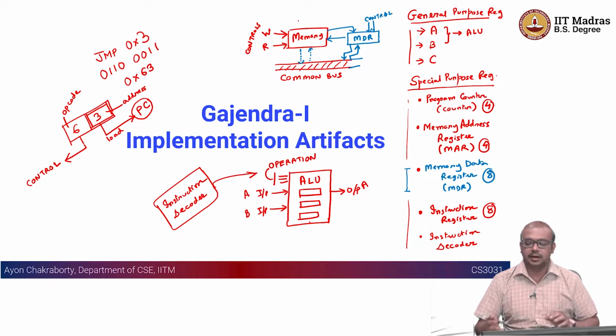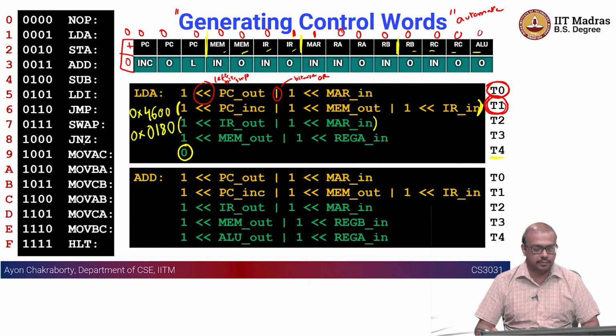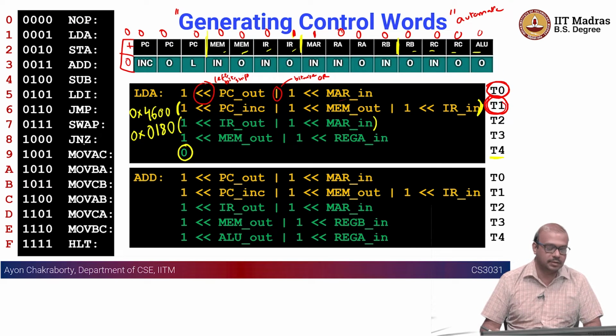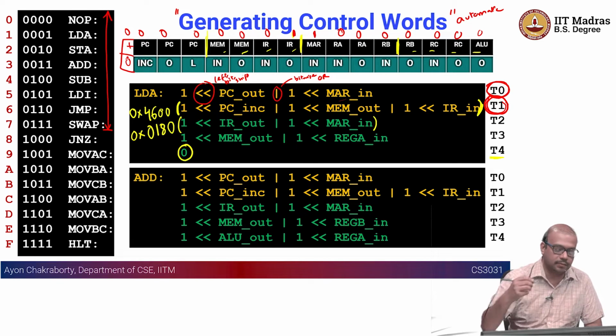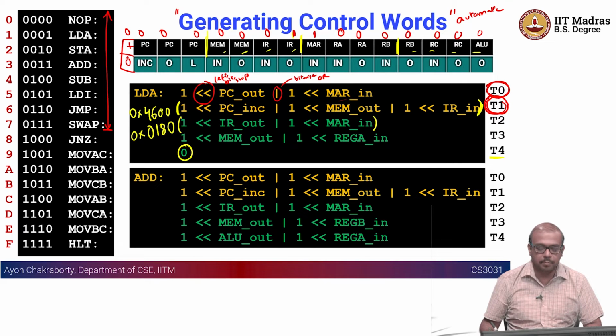So again, recapping our architecture, we assumed a few instructions. If you concentrate on the left hand side of the screen, typically the first 8. This is something that we have already seen how it can be implemented, and I am going to give you a little more detail about how to actually implement this in our control hardware.